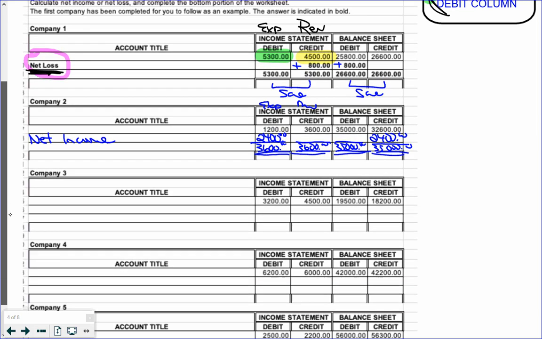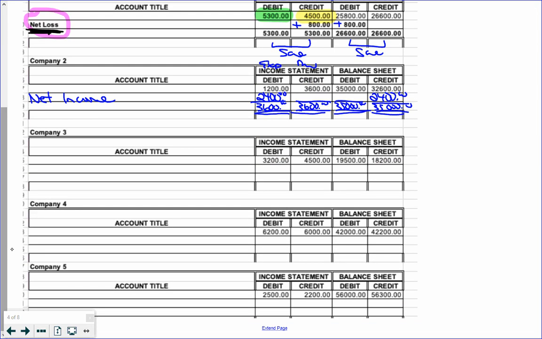If we just do one more here, we're not going to do all of these. Again, this is expenses. This is revenue. My revenue is 4,500. My expenses is 3,200. So I've made more money than I have lost. So I have a net income. More money in, less money out. To make these two equal to each other, I've got to add in $1,300.